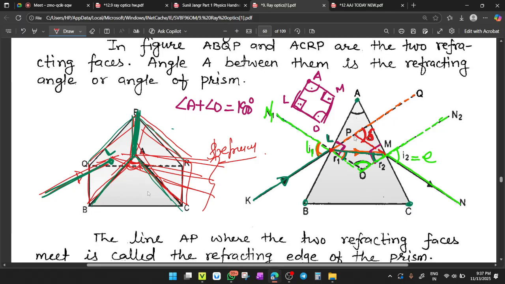So the angle between the predicted incidence direction and the emergence direction is called the angle of deviation. This angle is called delta. Clear? So you have to make a clear diagram of this and mention all the angles R1, R2, I1, I2 or E. In calculation, in some places it has to be I and I2 angle as E. Clear?